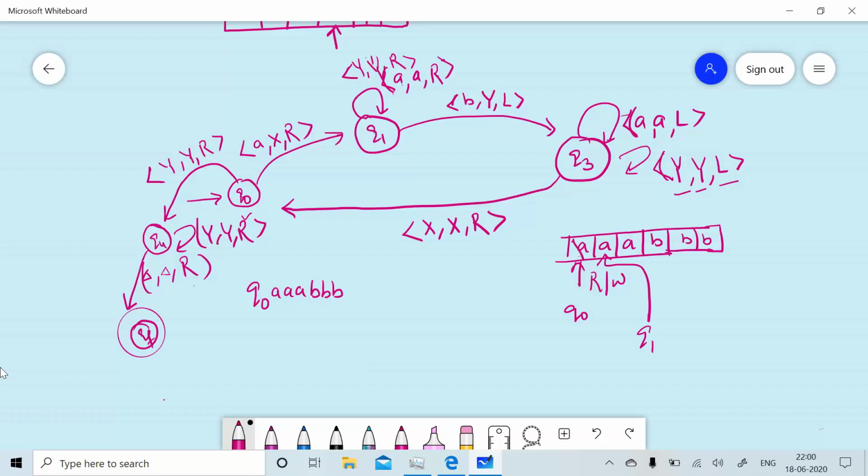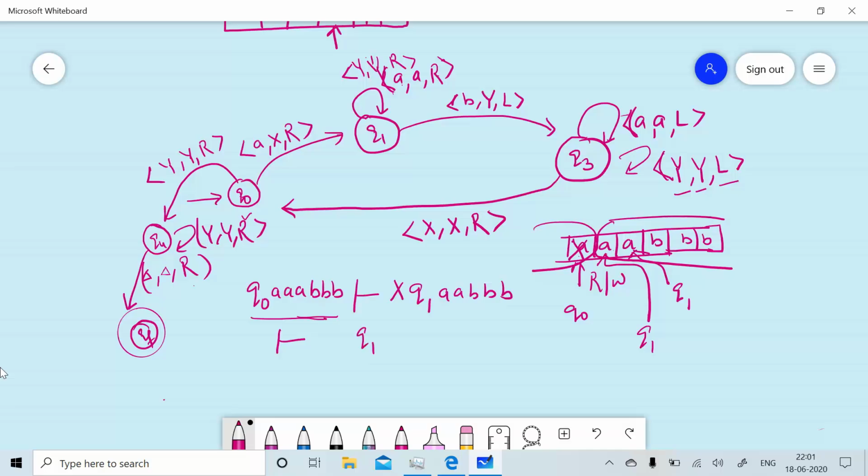The A is replaced by X. So from the initial configuration, the next configuration will be Q1, the read write head is pointing to A, and the symbols from A towards its right are A, B. The symbol left of the read write head is X. Then we will read A and our read write head will point to the next symbol, and we will move to the Q1 state. So Q1, B, A, XA.